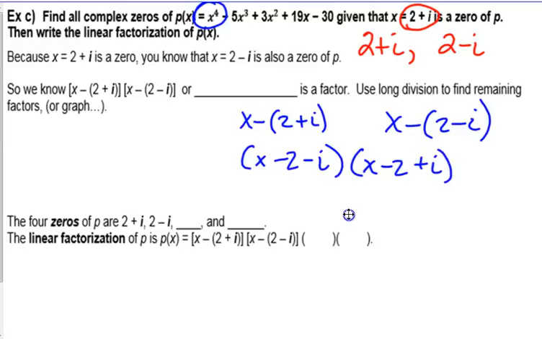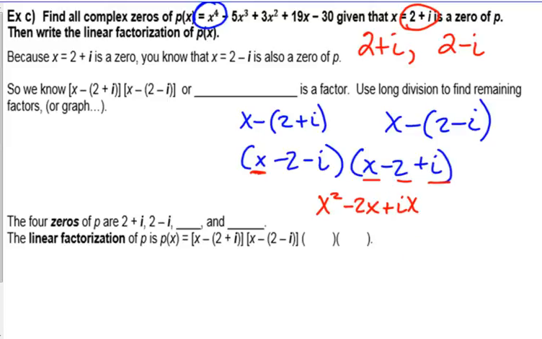All right, I need everybody paying attention because we need to FOIL these two together. It's one massive FOIL problem, right? I'm going to distribute this x to all 3 of these terms back here. X times x is x squared. X times negative 2 is negative 2x. X times i is plus ix.